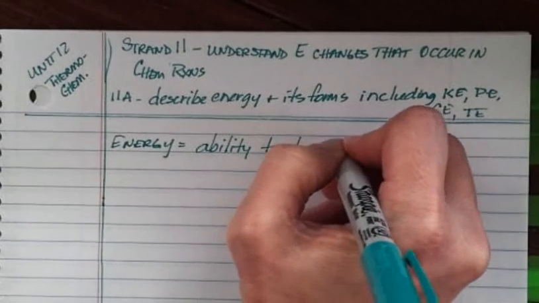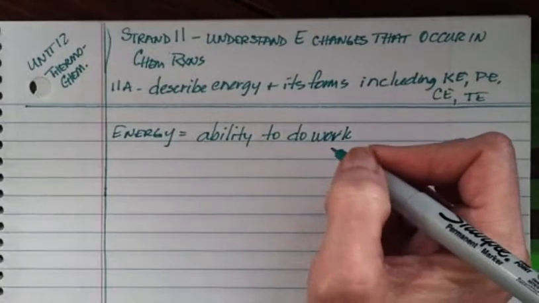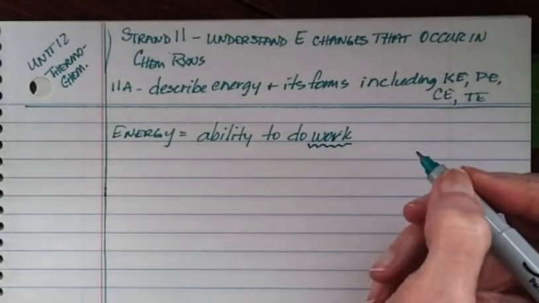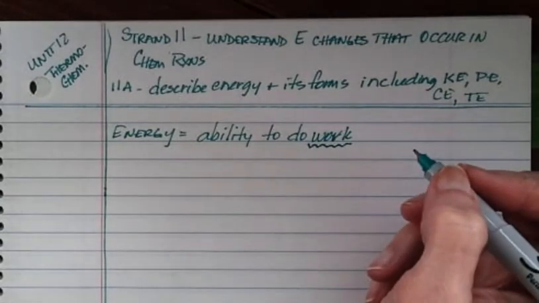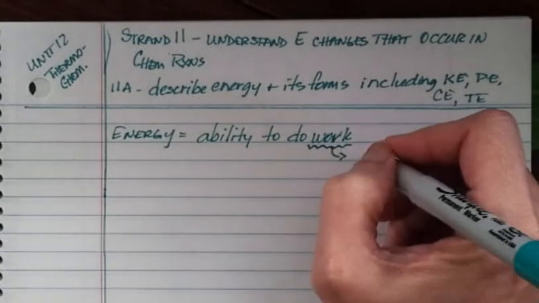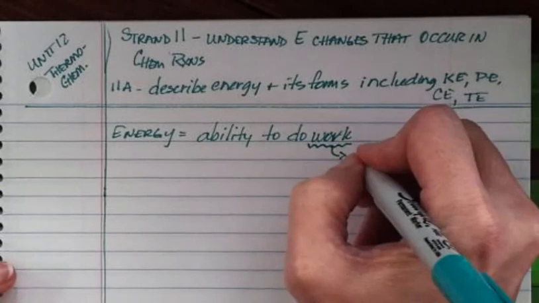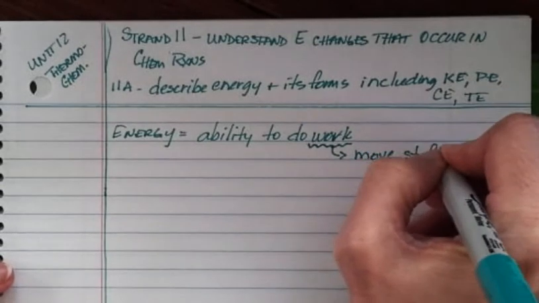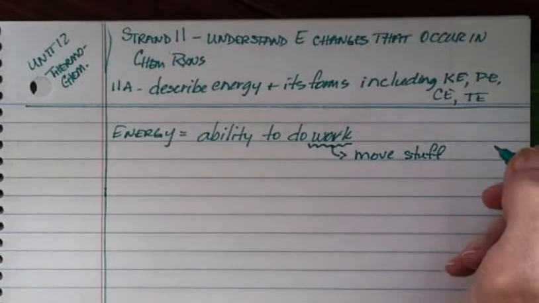Okay, and what do we define as work? Pretty much work has this really broad definition in science. It's not like your mom's definition of work, where it's clean your room. In science, we have a definition of basically, and I'm going to make it really simplistic, you can move stuff. When you get it to move from one position to another, that means you've done some work.